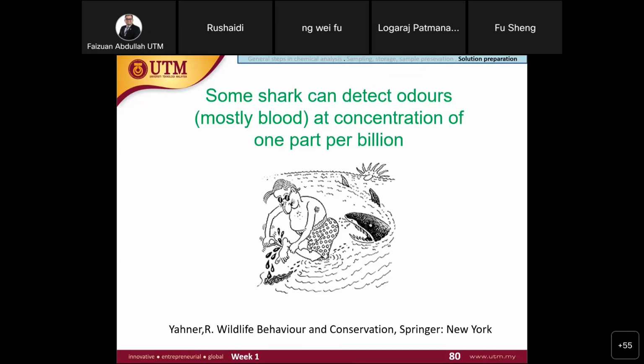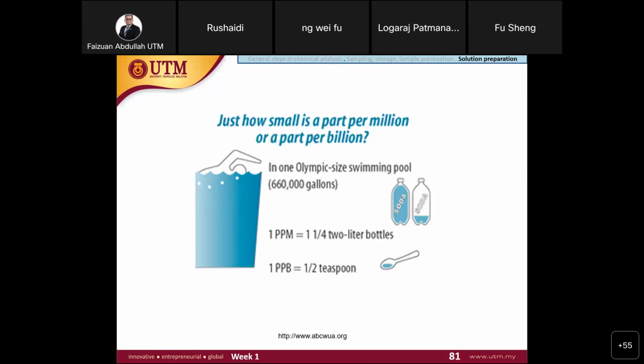So the shark can detect blood at a concentration of part per billion. So how small is part per million or part per billion? Just imagine one Olympic size swimming pool, which holds 660,000 gallons.